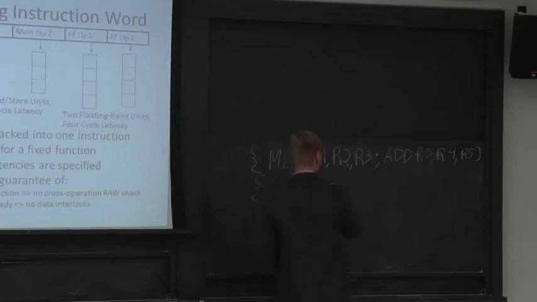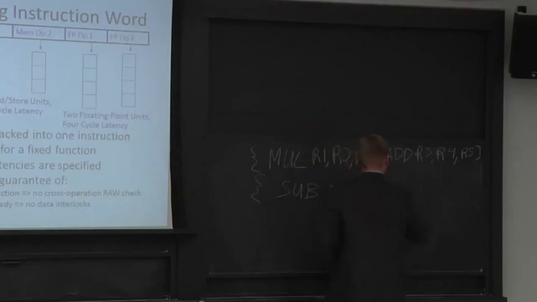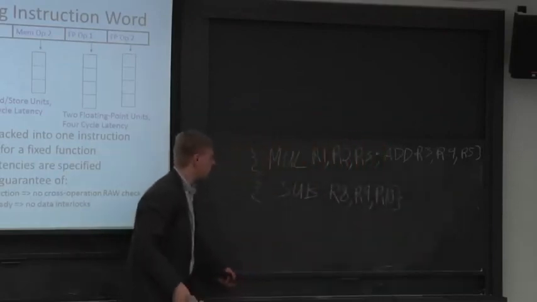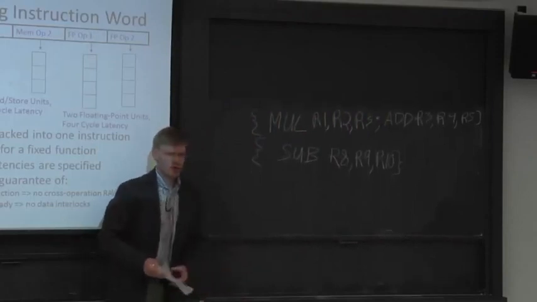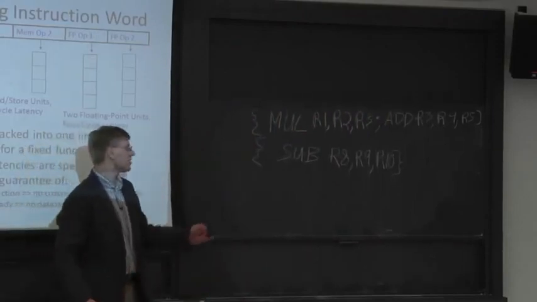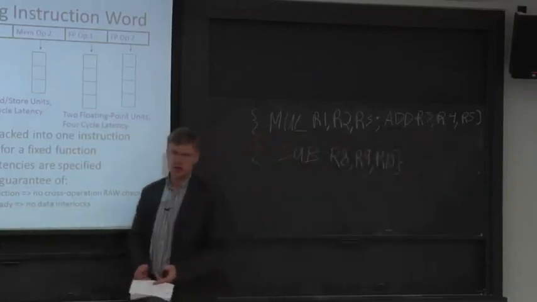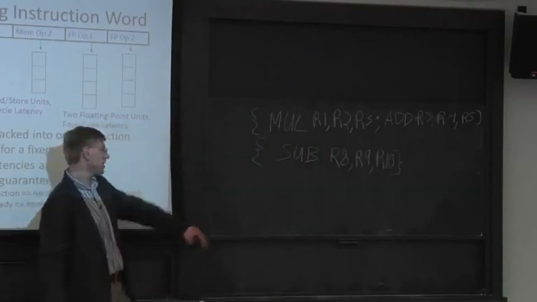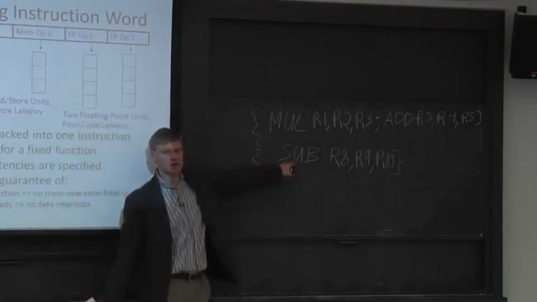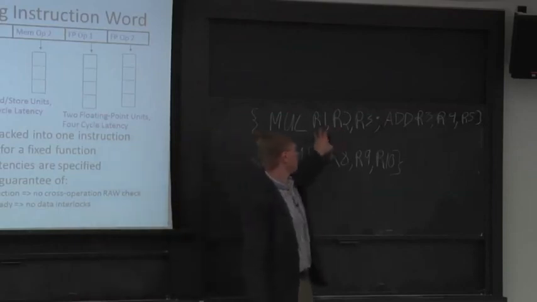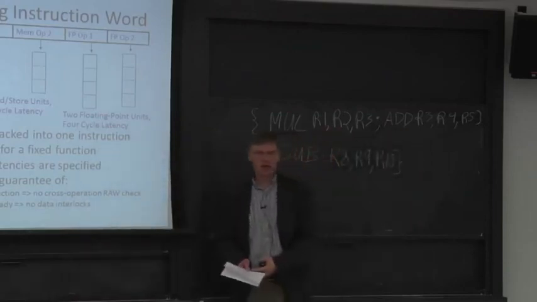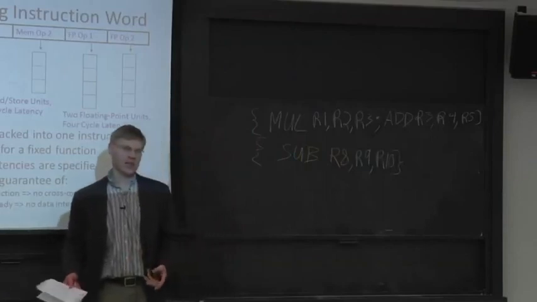What's interesting about this is we can see that there are actually 2 operations in this first instruction, in this first bundle. The second one only has 1 operation. And this multiply and this add will actually execute, semantically at least, in parallel.